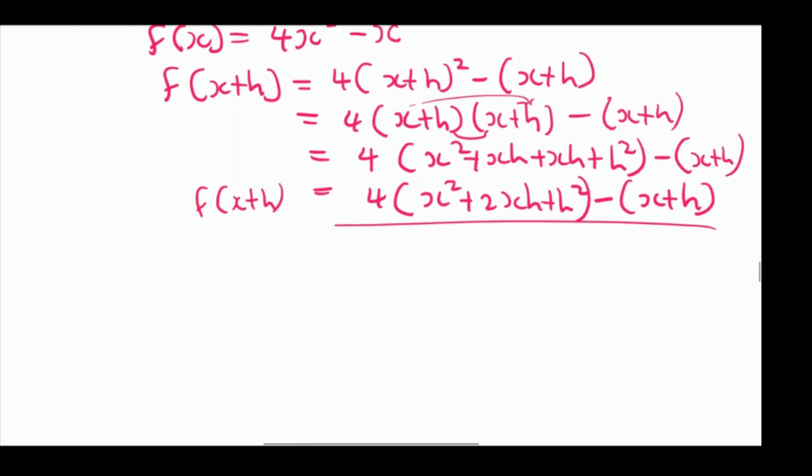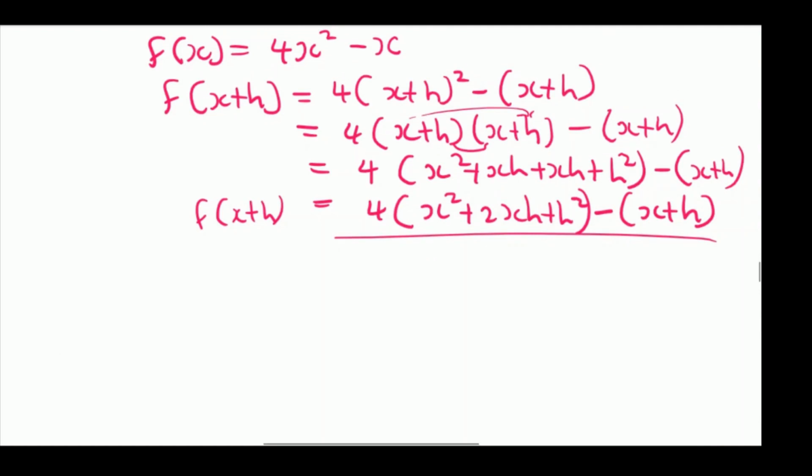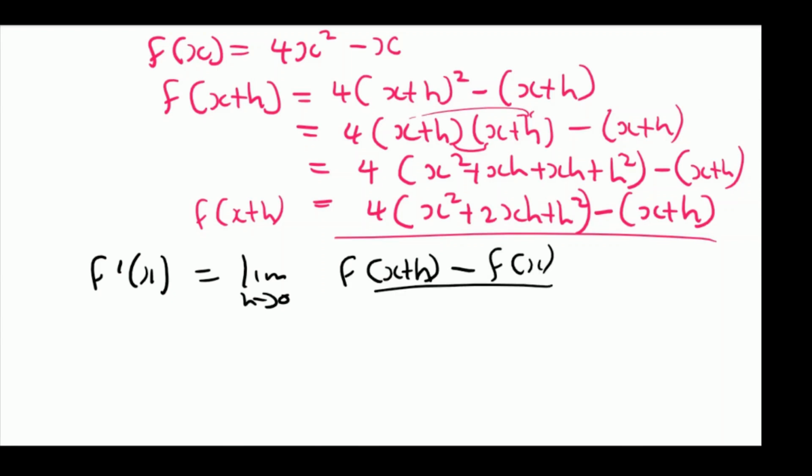So now let's find the derivative. We have the derivative equals the limit when h approaches 0 of f of x plus h minus f of x, divided by h. So the limit when h approaches 0, and f of x plus h is this expression here.